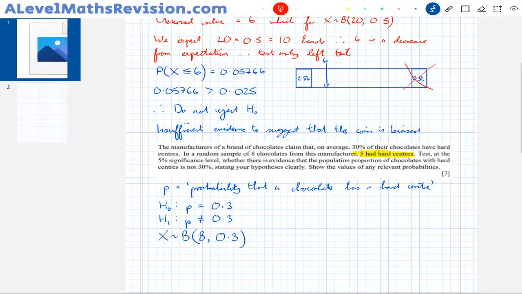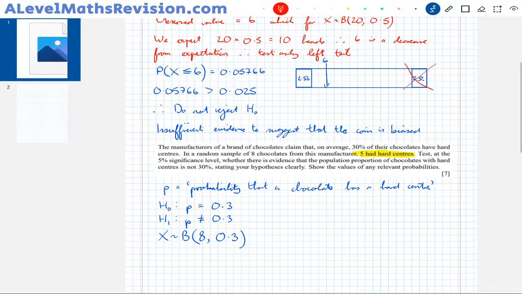So how many chocolates are we expecting to see with hard centers? And I'm happy to accept a decimal answer. The answer will be decimal. Type it in the chat. How many chocolates were we expecting to see have hard centers? Yes, Laura, correct.